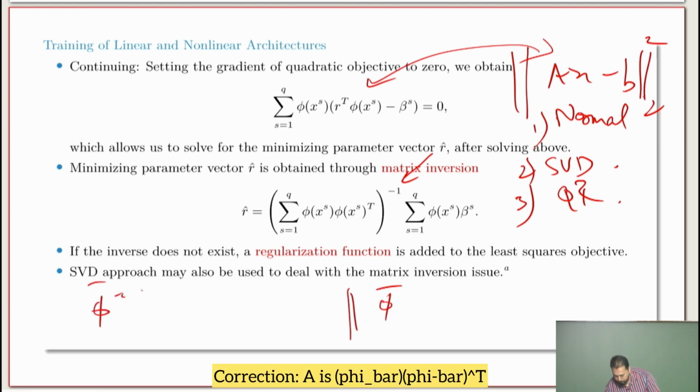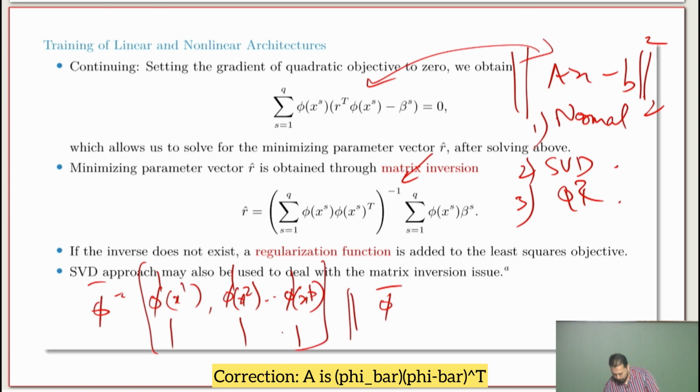It is like before. So phi bar is phi x1, phi x2, up to phi xp. These themselves are m length vectors. Phi x1 is an m length vector, phi x2 is an m length vector, and so on.